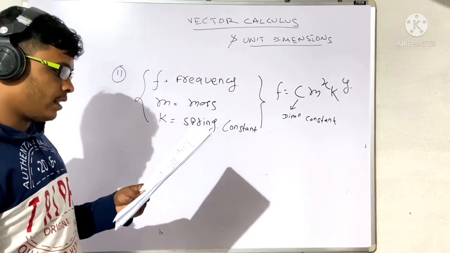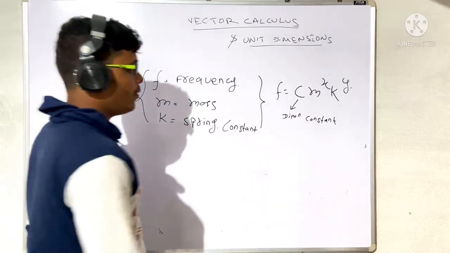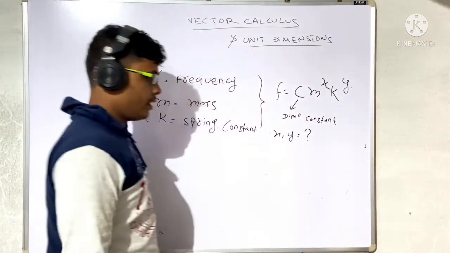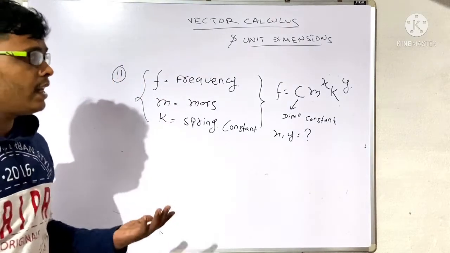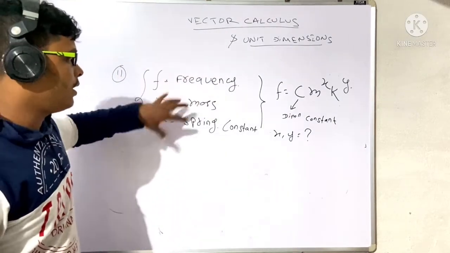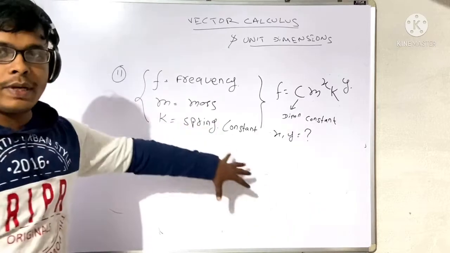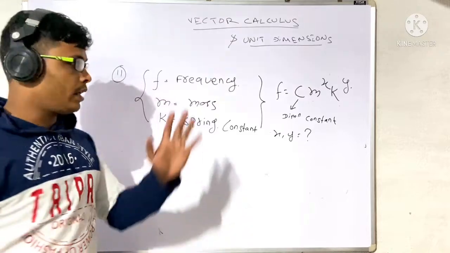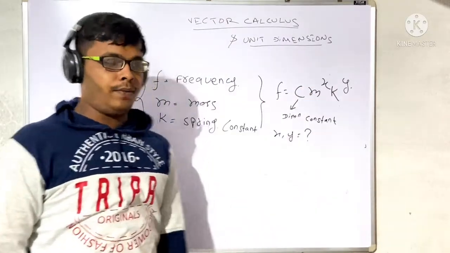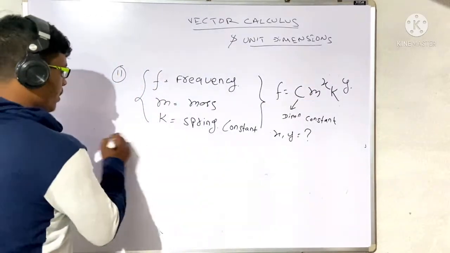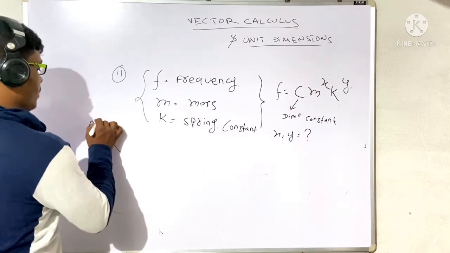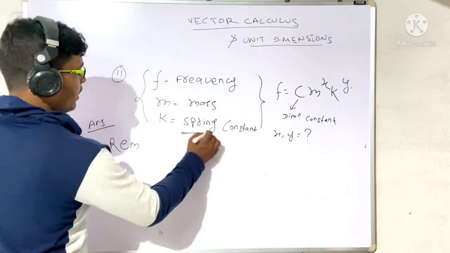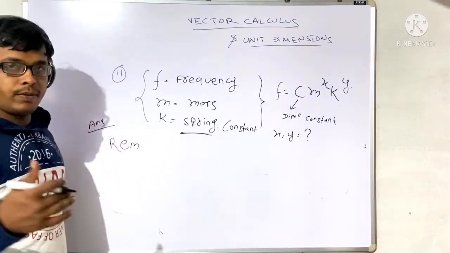Then he was asking, what are the values of x and y here? That means there is a relation between the frequency, the mass and the spring constant. If you get the relation, then you will get the x and y values. We will discuss more about the spring vibration in the next classes.